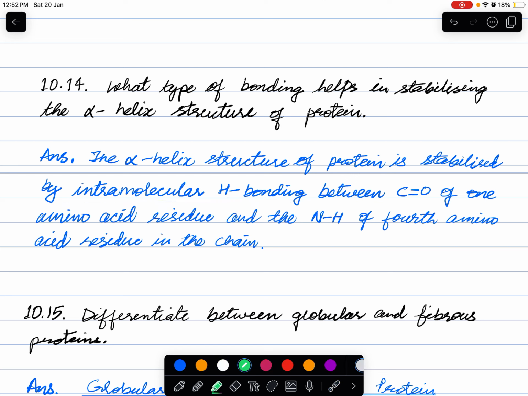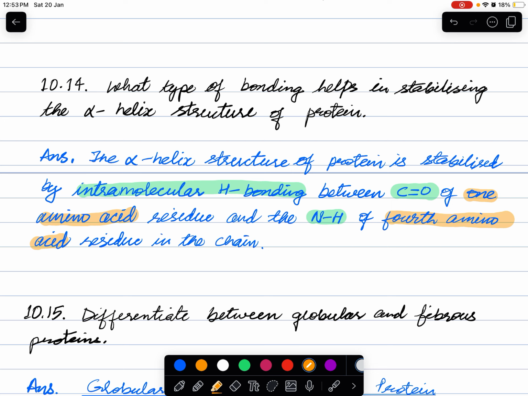And we have this hydrogen bonding between oxo group of one amino acid and NH group of another amino acid, like the first amino acid is connected with the fourth amino acid residue in the chain via intramolecular hydrogen bonding.